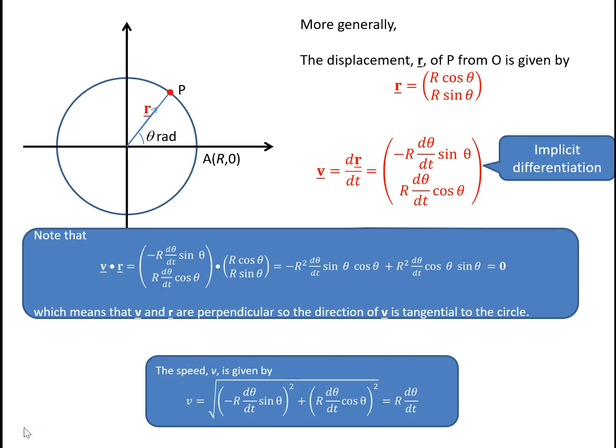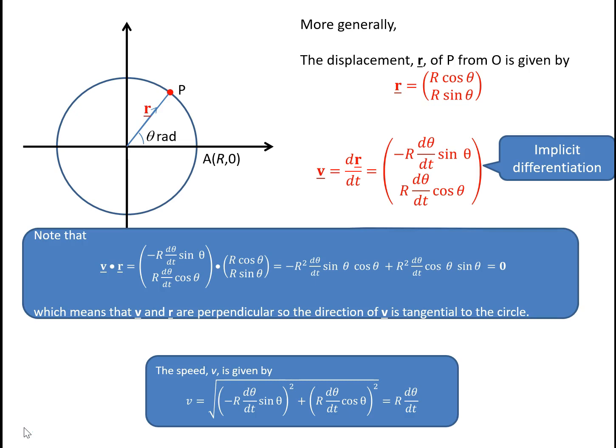The speed v is the magnitude of the velocity, so that is the square root of (minus r d theta by dt sine theta) all squared plus (r d theta by dt cos theta) all squared. If we simplify that, that's the square root of r squared (d theta by dt) squared sine squared theta plus r squared (d theta by dt) squared cos squared theta.